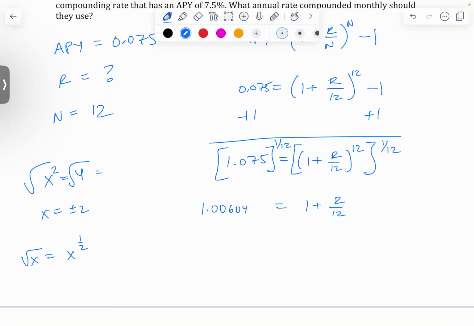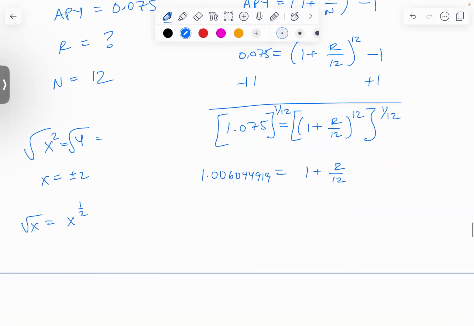And again, I'm writing this out just so you can see all the values, because we want to be precise. Got to be precise. Can't be rounding this off all the time. Keep the value in your calculator. And then now some easy things. Minus 1.